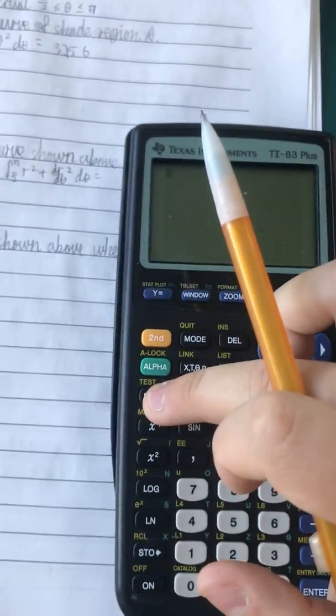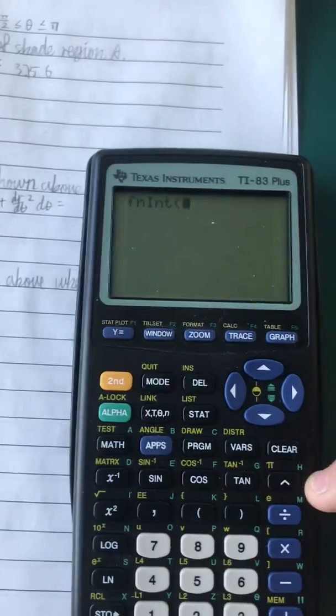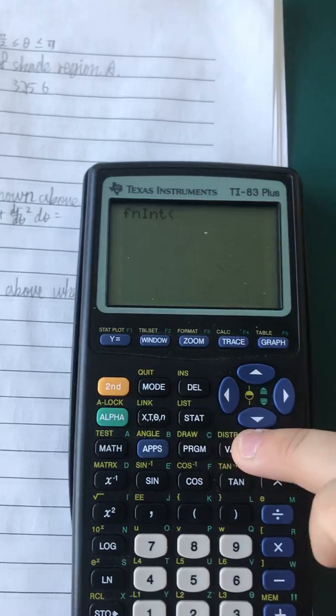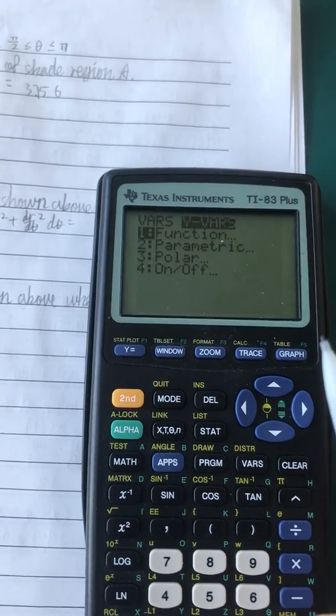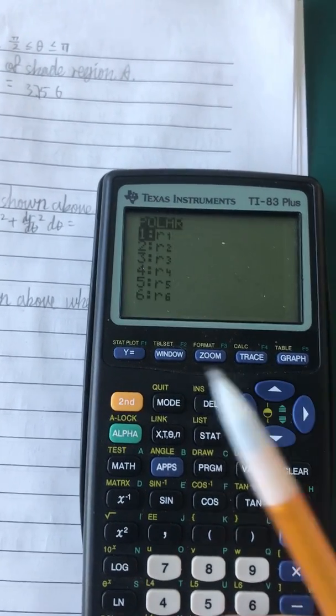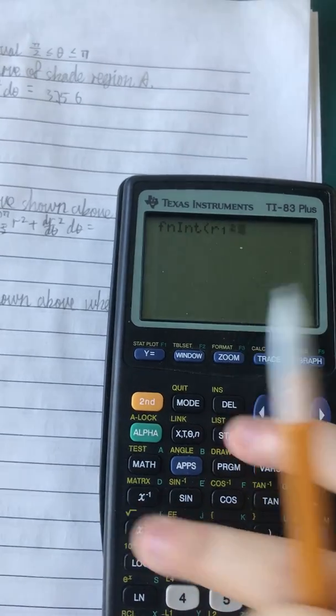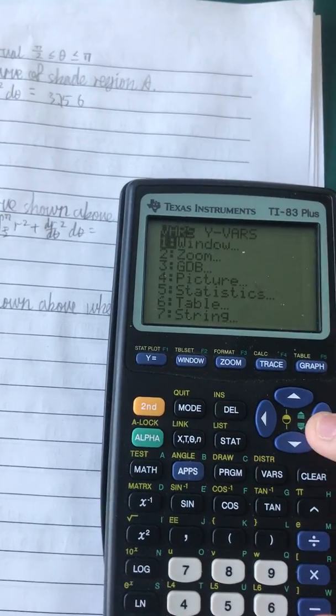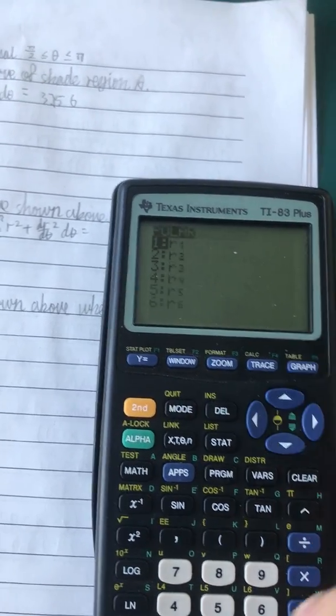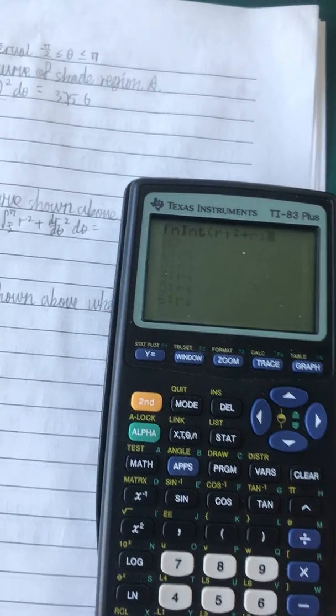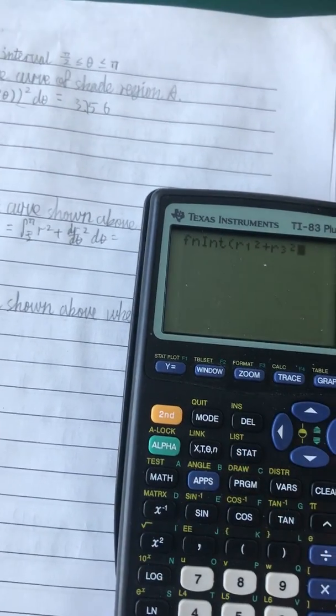So we're going to do the integral of r squared, which we leave as 3, polar and r1. We square it plus y vars, polar, r3, and we also square it.